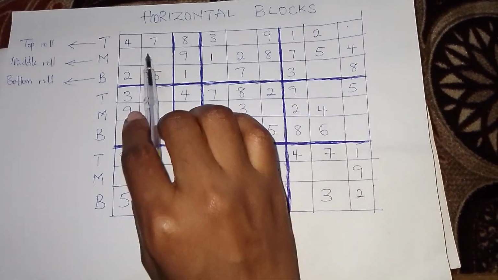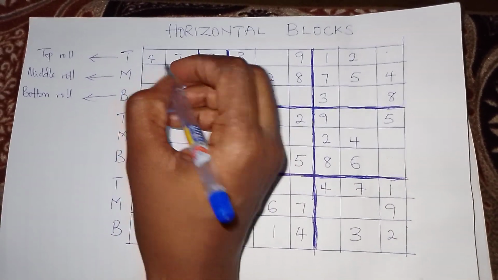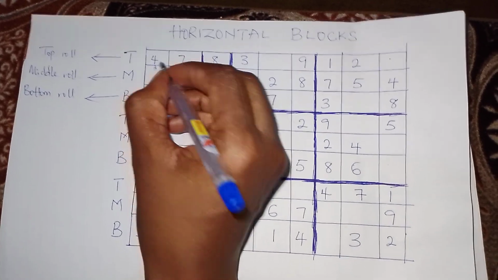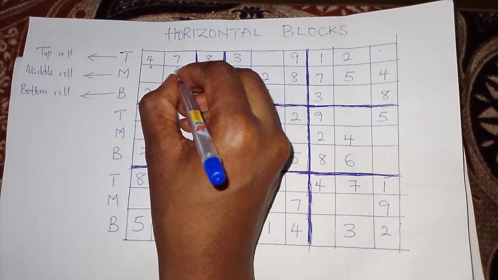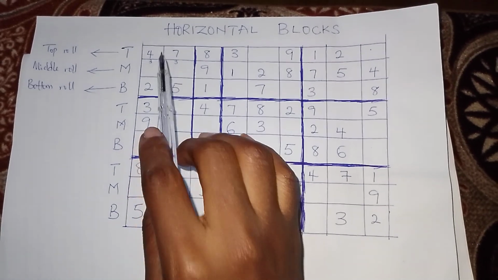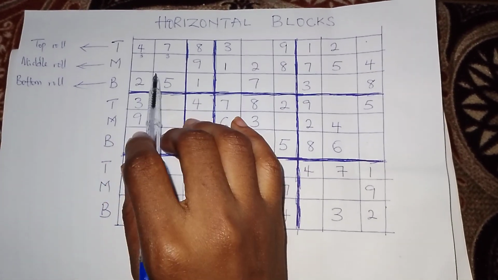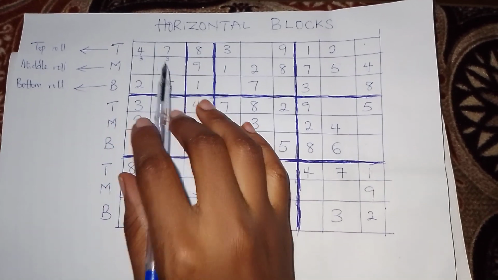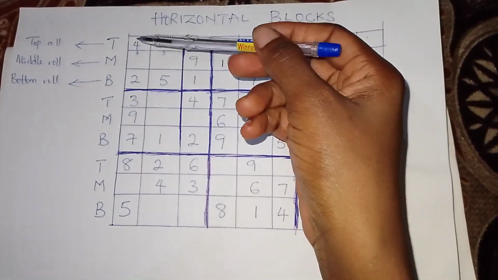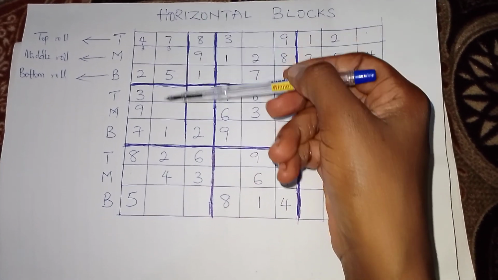That means our focus should be on this one where we can find 3, and we should focus in the middle. So we're going to just insert a little 3 here and a little 3 here, meaning that in any of these boxes 3 has to be inserted. But before we finalize where 3 will be, let's check the column.